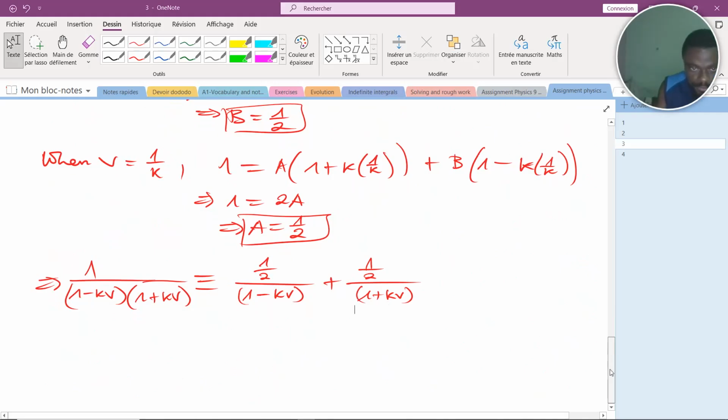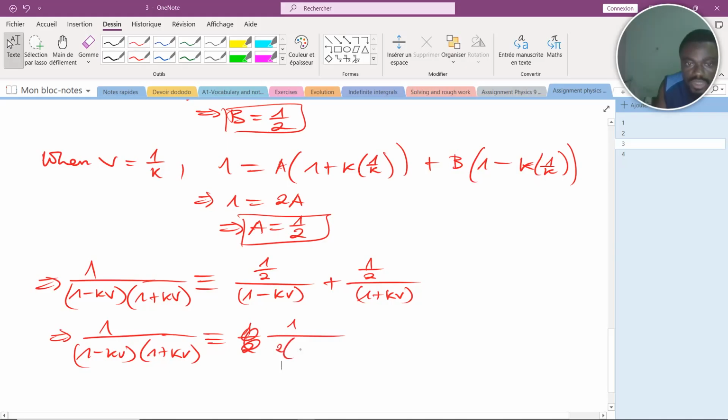So in partial fraction, this implies 1 all over 1 minus kV into 1 plus kV in partial fraction is identical to 1 all over 2 into 1 minus kV plus 1 all over 2 into 1 plus kV. Is that okay?